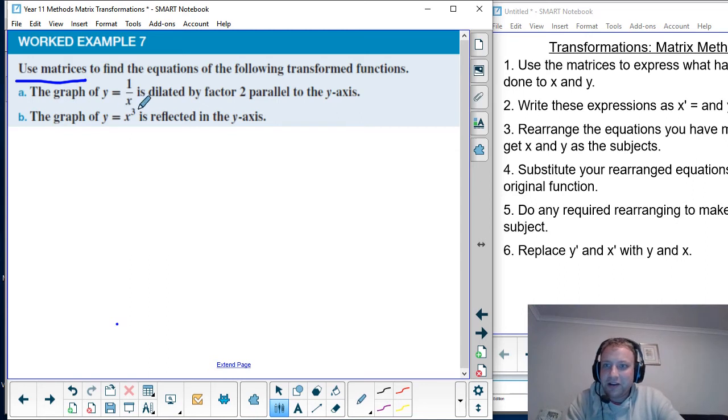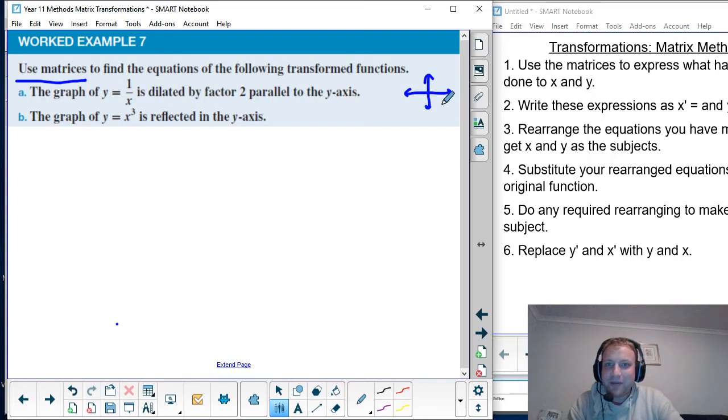So we are going to dilate this by a factor of 2. That just means the number 2 is involved, parallel to the y-axis. So you've just got to read it very carefully. Think about your left and right, your up and down. So if we have a Cartesian plane drawn up, think about which direction is parallel to the y-axis.